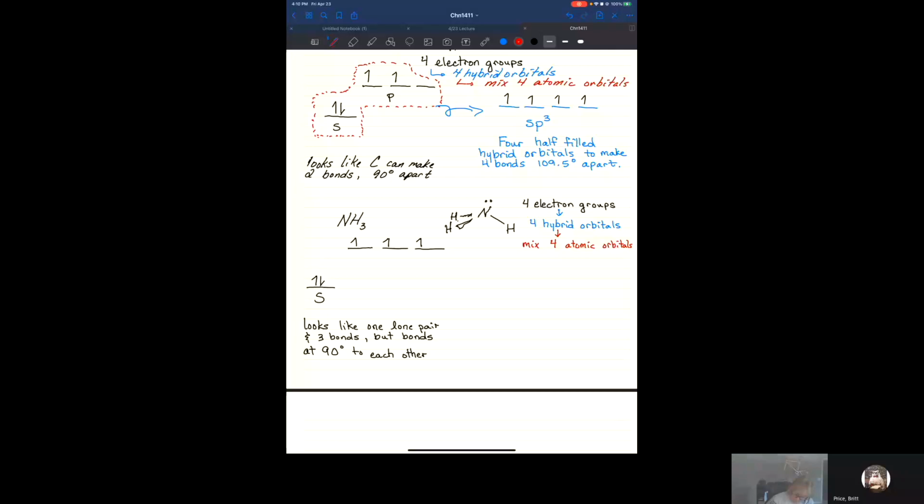I'm going to mix 4 atomic orbitals and do the same thing. Here we go. So I'm going to mix them up. I'm going to get my 4 equivalent sp3s. 1, 2, 3. Now 1, 2, 3, 4, 5.